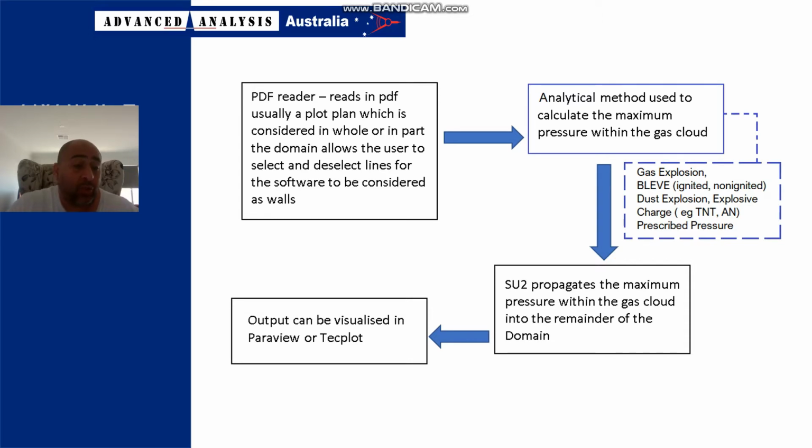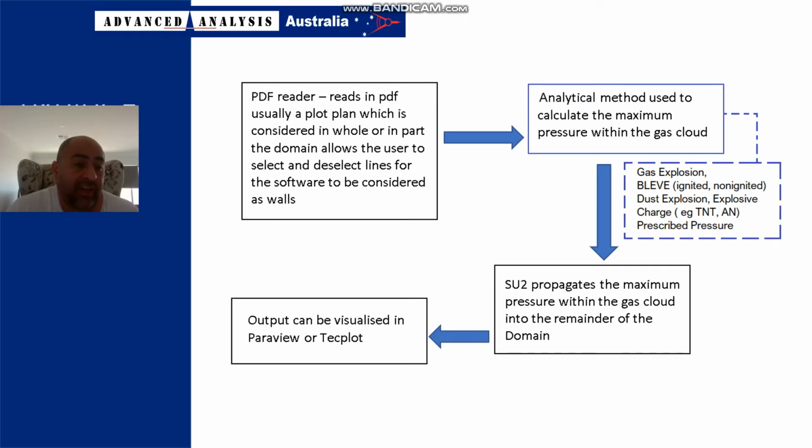Once you calculate the source, the strength of the explosion, that is then passed on to SU2, an open source CFD software, and that allows you to propagate the explosion into the wider domain. We'll show you exactly how that works for several examples. It's run in a 2D fashion. This is deliberate, because SU2 can run in a 3D way, so you can configure it to run on detailed 3D geometries.